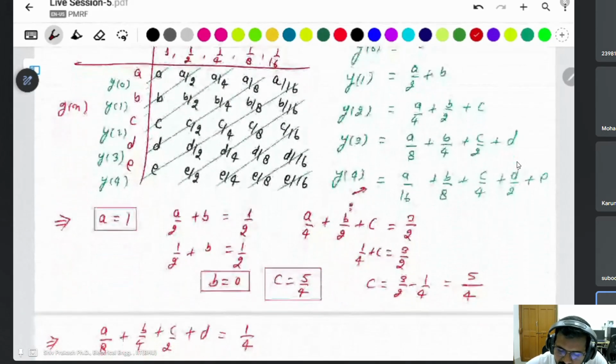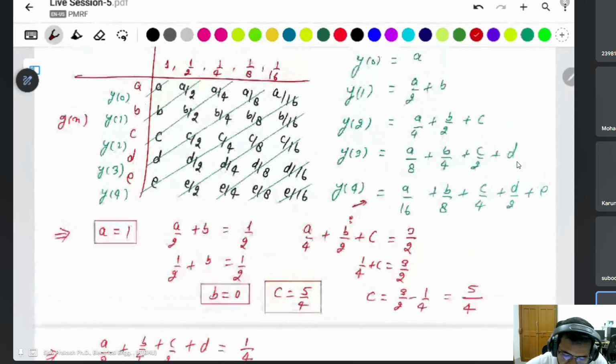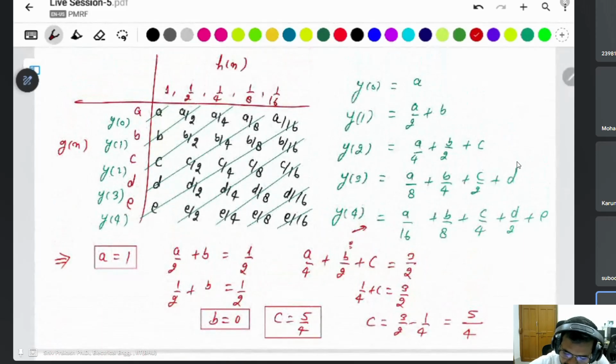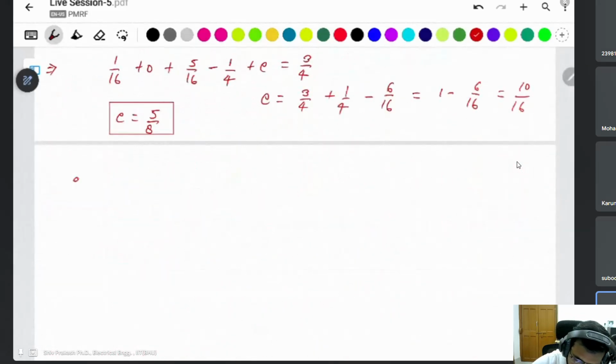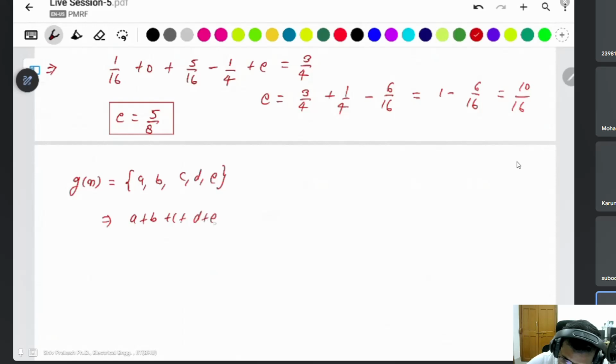Gn is equal to A, B, C, D, E, and we have to find all of these. Then the first 5 samples sum is A plus B plus C plus D plus E.